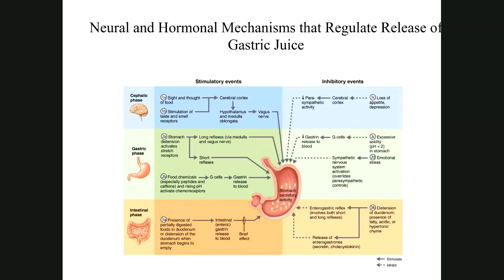We arrive at the last phase, which is the intestinal phase. It's very brief.